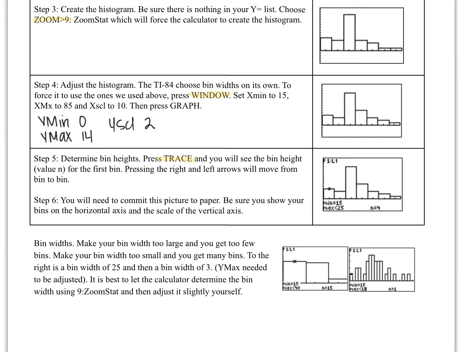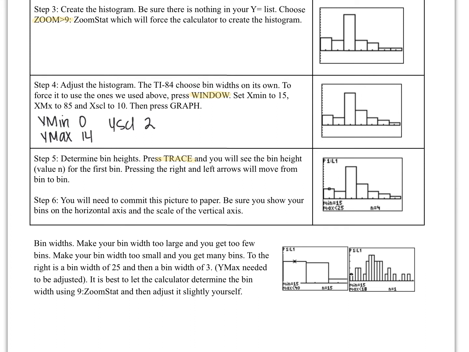So I previously talked about this a little bit, but when we're talking about the widths of our classes, you can make it too large and get too few classes, or you can make the width too small and get too many.